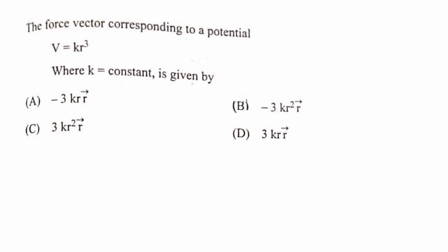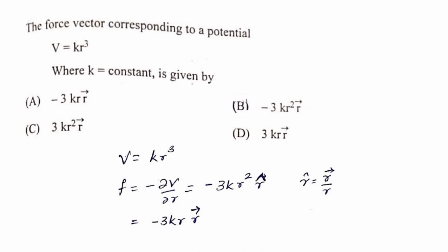The force vector corresponding to a potential V is equal to k r cube, where k is a constant. So here potential V is given, so we need to find out the force vector. F is equal to minus dou V by dou r.